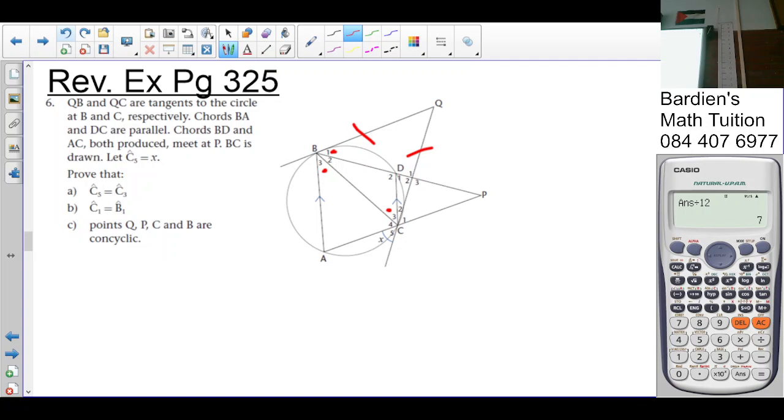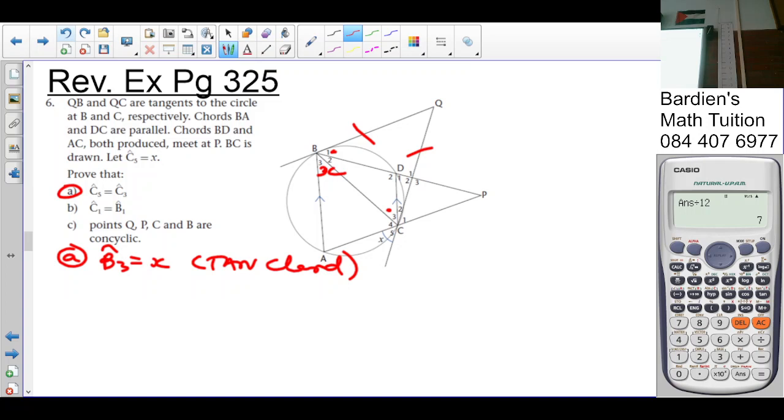Right. So looking at this here, which other angle is equal to x? B3. B3 is x, tan chord theorem. Can you see that? So the dots are now x. So we're going to say that B3 is equal to x, tan chord theorem.